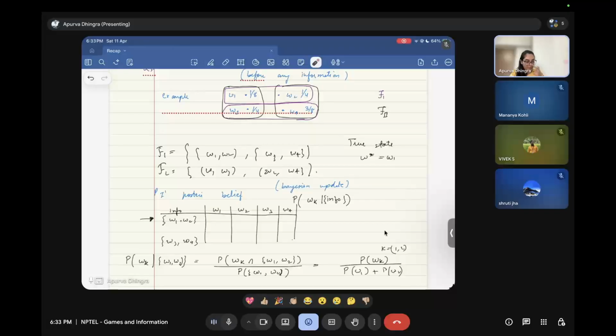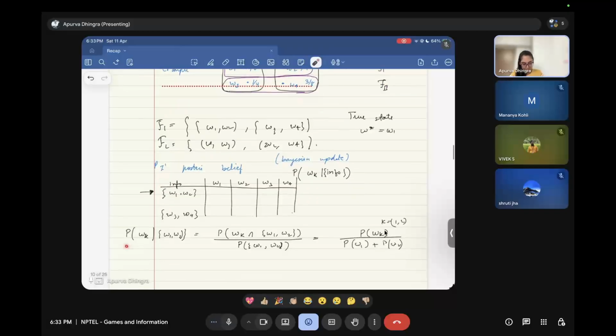Whatever belief they form will be based on the information they have. So these probabilities, the posterior beliefs, are the probability of being in any particular state, 1, 2, 3, 4, given the information that they have.